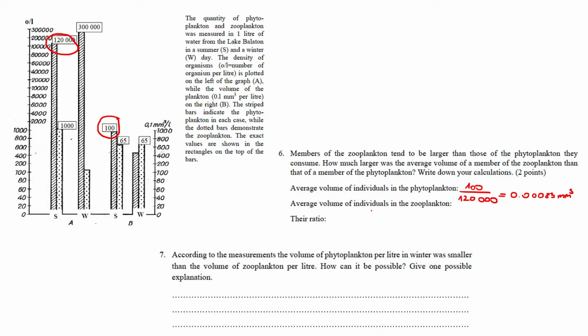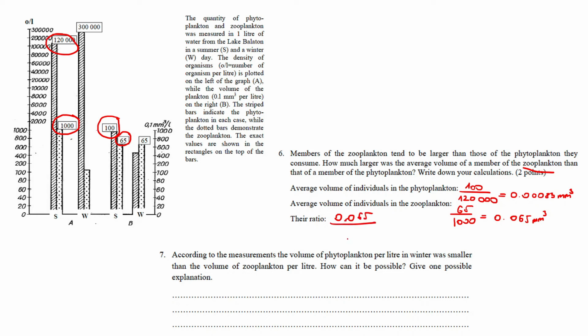And then the average volume of individuals in the zooplankton, you are going to need these two numbers, so 65 divided by 1,000, and that's gonna give us this in cubic millimeters as well. And the question is asking how much larger was the average volume of a member of a zooplankton, so this, than that of a member of a phytoplankton. So you have to do a simple division in here.